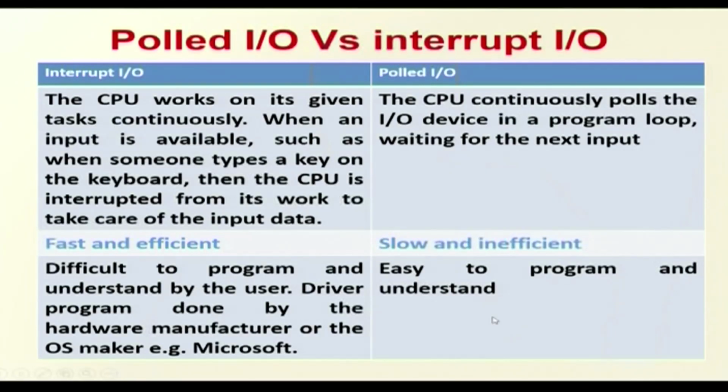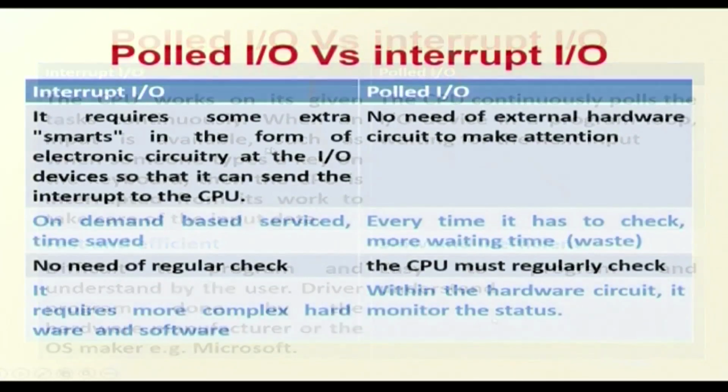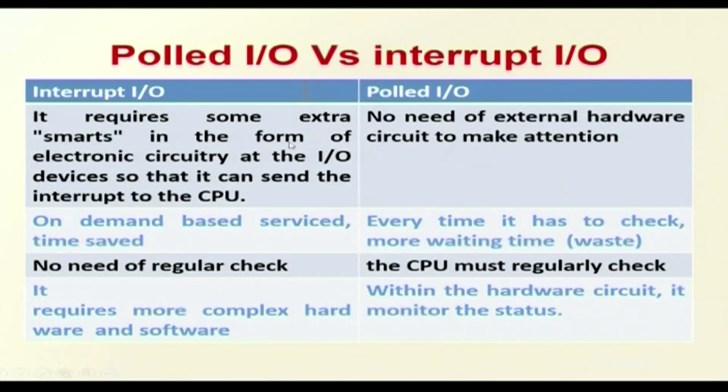In polled I/O, the user can easily write and understand the program. Interrupt I/O requires some extra smart system or external hardware in the form of electronic circuitry at the I/O devices, so that it can send the interrupt signal to the CPU. To activate the interrupt signal, we add some external hardware devices. In polled I/O, it continuously monitors, so there is no need for an external hardware circuit to get attention.